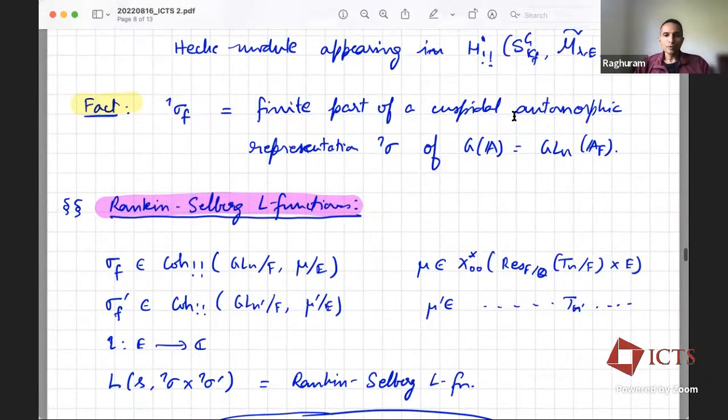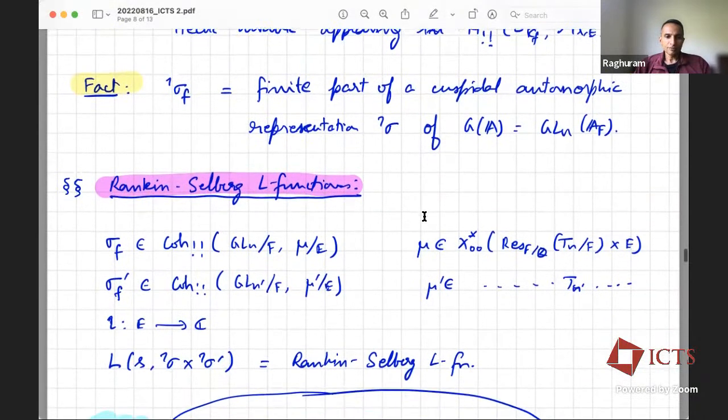And so to a pair of cuspidal automorphic representations, I'm going to work with those which have such an algebraic origin. So sigma F appears in the strongly inner spectrum of GLN over F with coefficients in mu over E. And this notation says already that mu needs to be a strongly pure weight of the corresponding torus, all this over E. Likewise, I take sigma prime in the strongly inner spectrum of GLN prime with its weight mu prime being strongly pure for the torus T sub n prime, where n and n prime are just two positive integers.